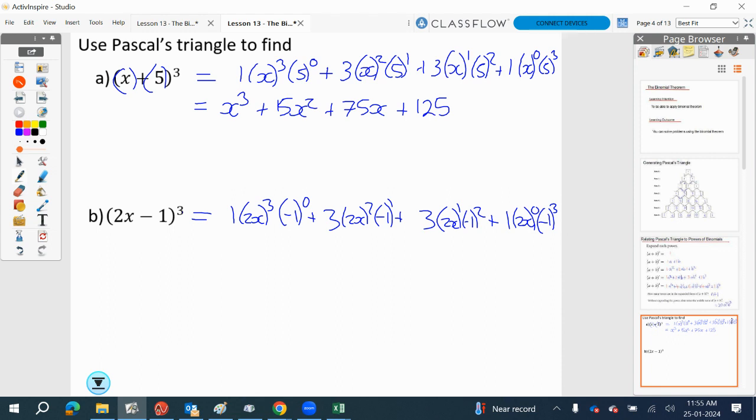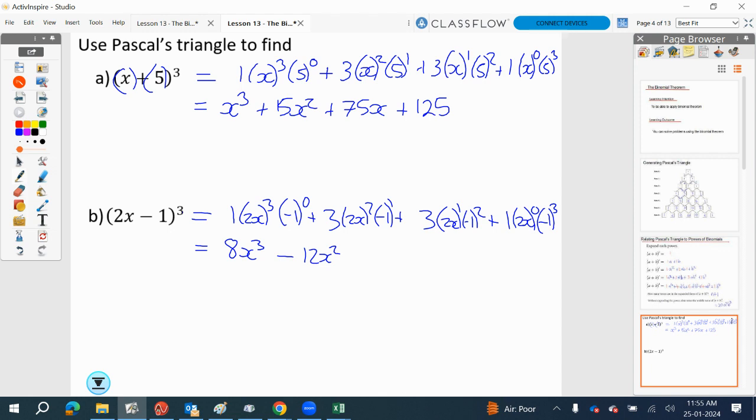Expanding our coefficients, so minus 1 to the 0, what is that? 1. 2x to the power of 3, 8x cubed. Our next one, minus 1 to the 1, so this is going to become negative. 2x squared, that's 4x squared, times 3, 12x squared.